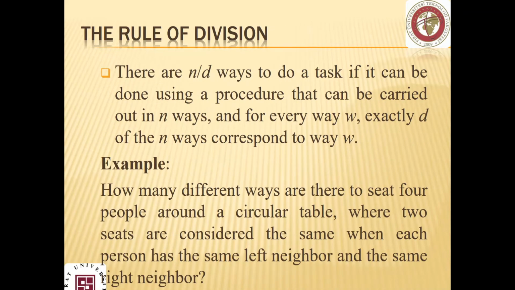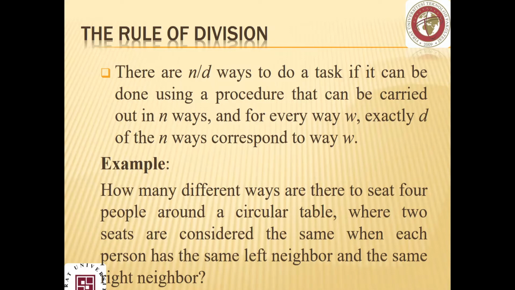Okay. The rule of division. This is an exception of actually counting. Now imagine that we have a task that can be done in n ways.